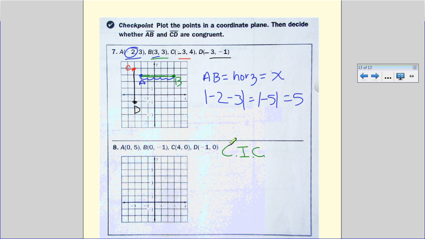CD, if we take a look at CD, that's our vertical line, and we said we're going to subtract our y coordinates. Notice in these, it doesn't do you any good to subtract your x coordinates because the x's are the same, so we'd get 0. So what we're doing is we're taking 4 minus a negative 1, so we're looking at that absolute value. 4 minus a negative 1 is 5, and the absolute value of that 5 is 5.